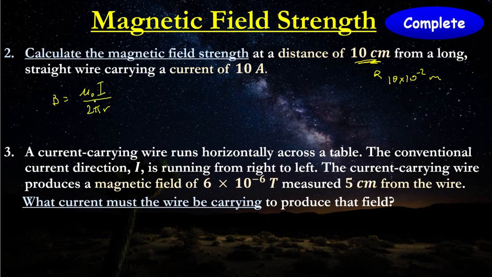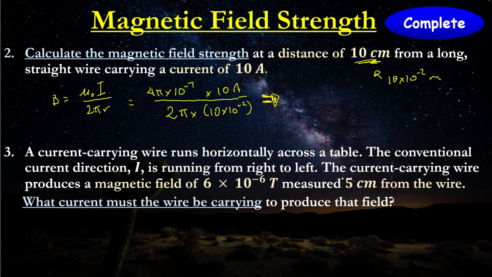Mu naught is 4 pi times 10 to the minus 7, times our current of 10 amps, divided by 2 pi times our radius, 10 times 10 to the power of minus 2. I'll leave that one there. We're going to sort out the answer in a second.